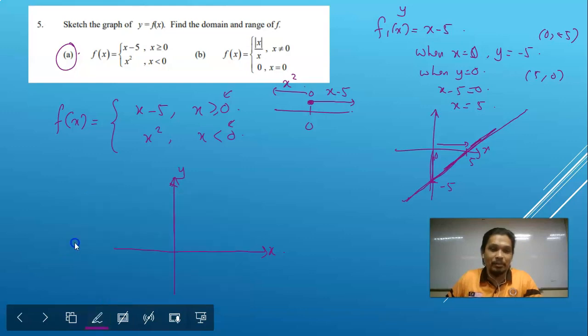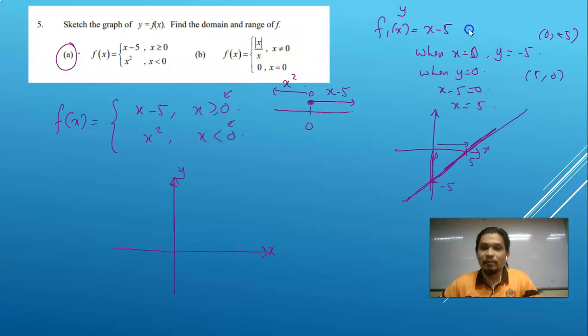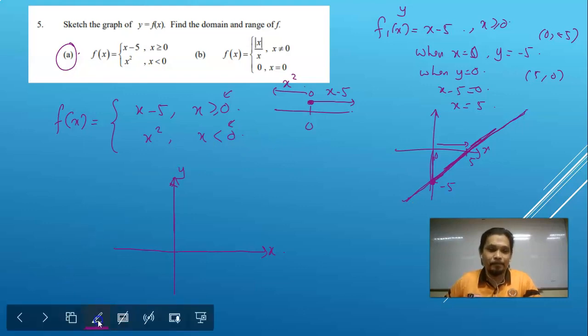Okay, first we get back to the question here for x greater than or equal to 0, which means that from here, there you go. So then, that's it.